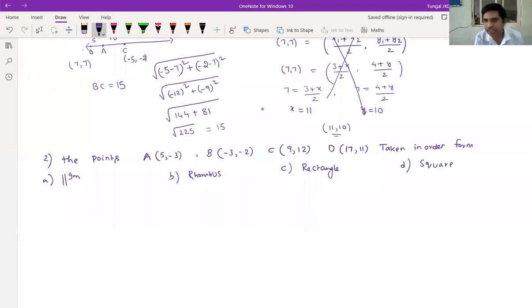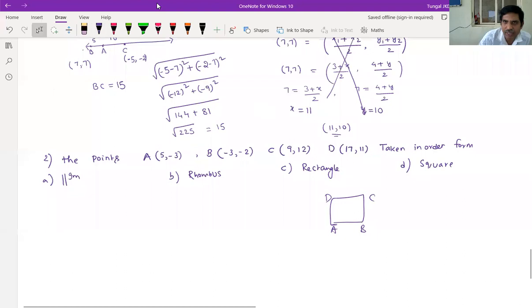So the 4 points are taken in order, A, B, C, D like that. Now, first you verify whether the 4 points form a parallelogram, rhombus, rectangle, or square.